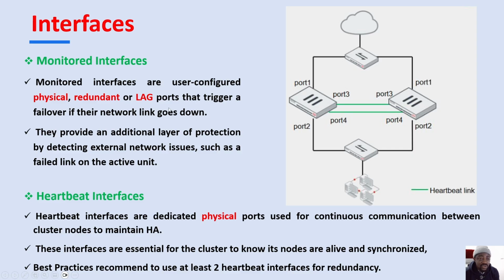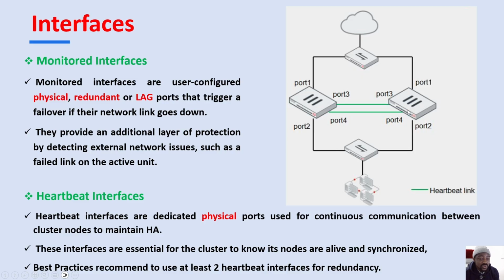Monitored interfaces are the interfaces that are connected to other devices that are not part of the HA cluster. The heartbeat interfaces are the links that connect the devices that are part of the cluster. That's easy to understand like this.